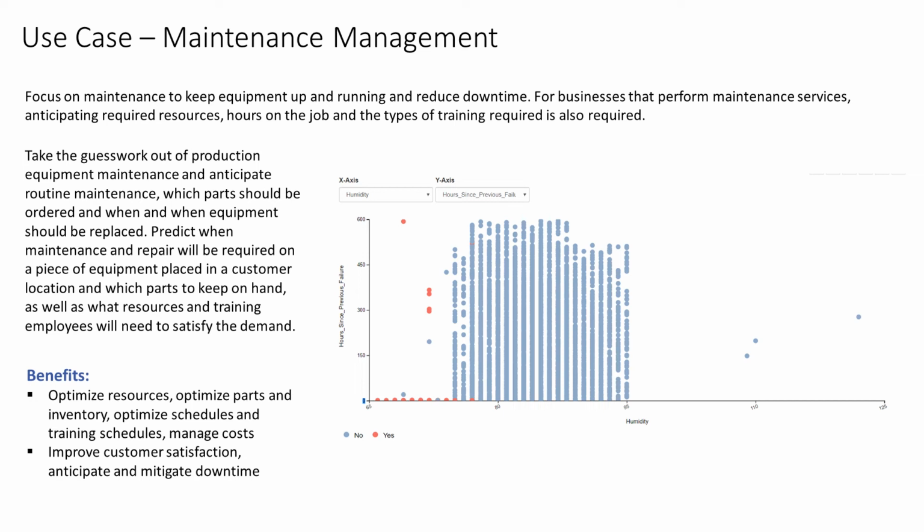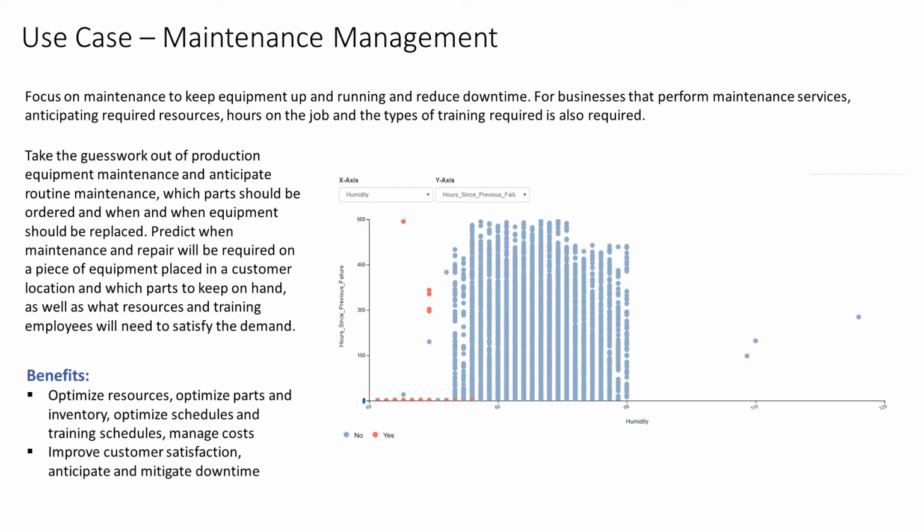Business use cases for this type of analysis might include manufacturing and production environments, utility and infrastructure businesses, and service industries. Forecasting necessary maintenance and equipment replacement and ensuring that the business is ready with resources and funding is critical and will help the business to optimize parts and inventory management, schedules and training, costs, customer satisfaction, and revenue.